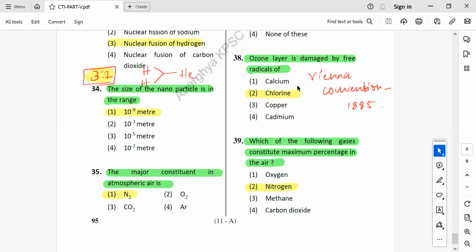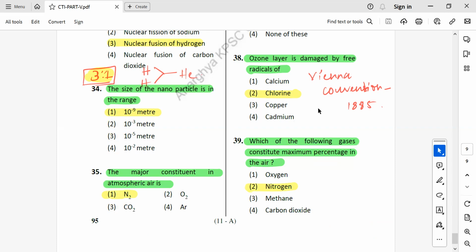The ozone layer is damaged by free radicals of chlorine. Of course, CFCs and others are ozone-depleting compounds. We have also seen the different layers of the atmosphere. Ozone is located in the second layer, which is called the stratosphere.